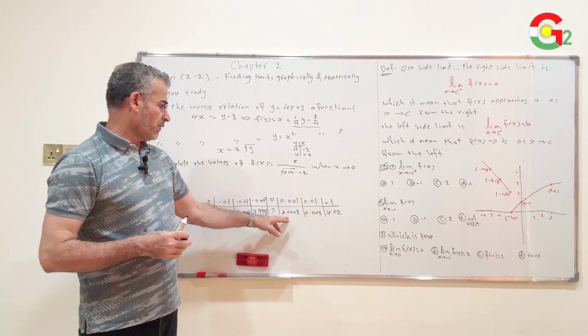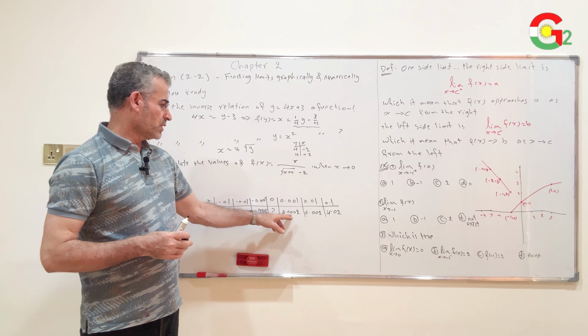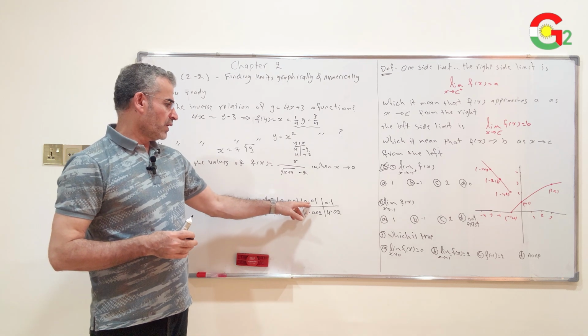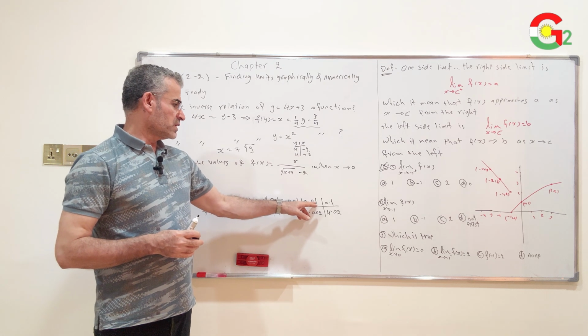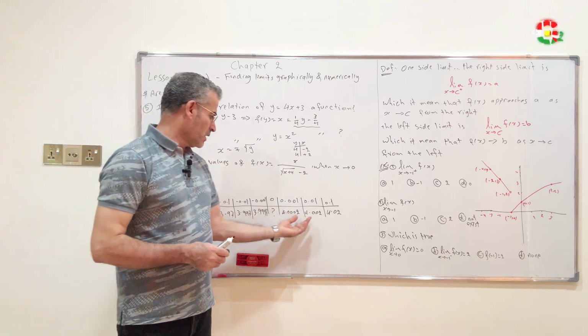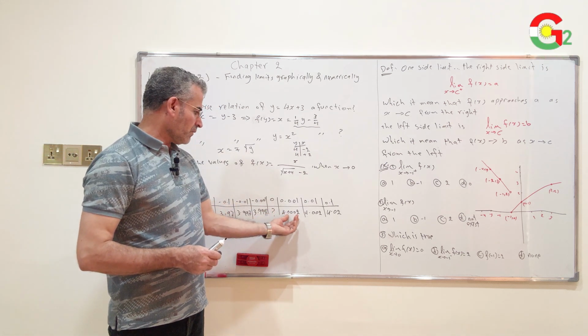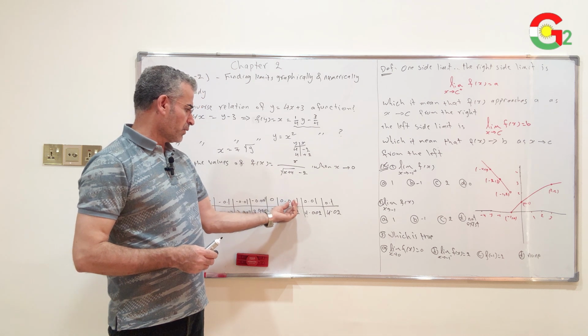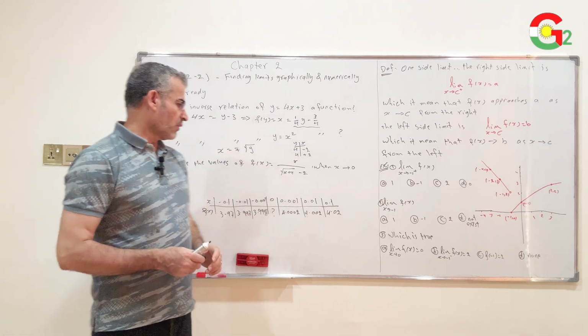When x equals 0.001, f of x is 4.0002. When x equals 0.01, the value is 4.002. As you see, f of x approaches 4 when x approaches 0 from the right.